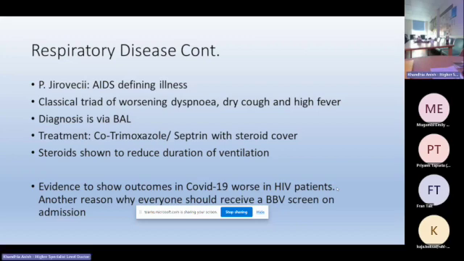Diagnosis is via bronchoalveolar lavage and culture, and treatment would be antifungal medication like clotrimazole or Septrin, in combination with steroid cover. Steroids have been shown to significantly reduce the duration of ventilation overall.